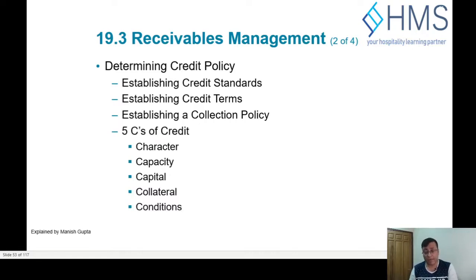Then you have conditions. What are the conditions for the company to engage with the credit? Do they have to apply for it? What are the other conditions for getting credit? Maybe they have to update their directors every now and then. Will the company have access to their financial statements and audit? These are the terms and conditions that you have to define.